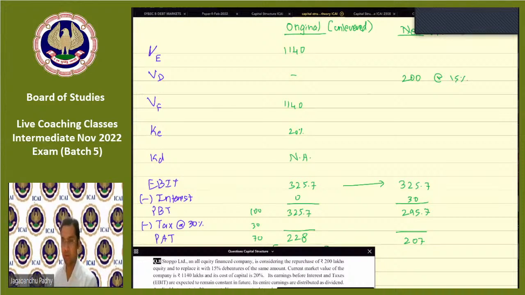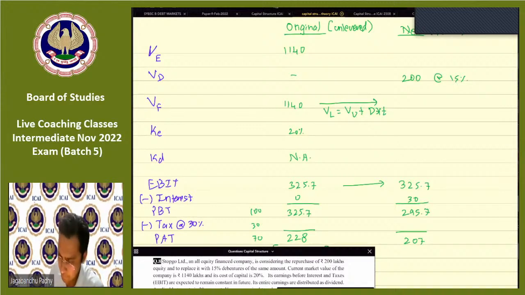We know the value of a levered firm is value of unlevered plus debt into the tax rate. Correct? Perfect.